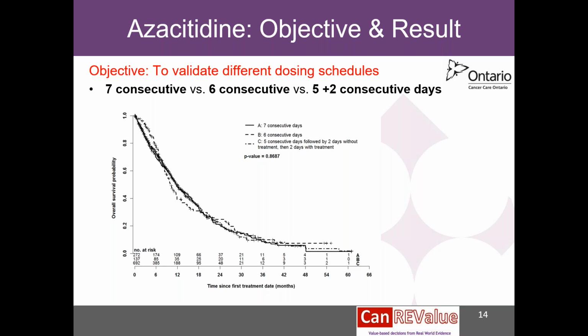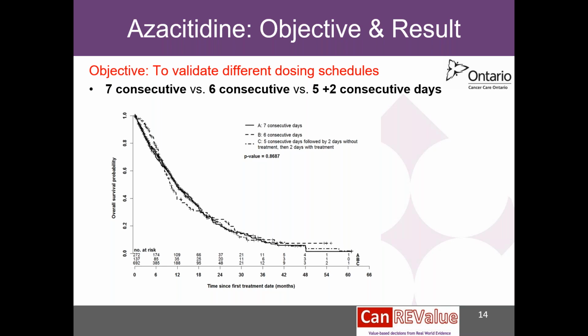This is a survival graph, and each of the curves represents one of the 3 different treatments. And if one of the treatments is better than the other 2, you'll see that that particular curve will be to the right and on top of the other 2 curves. But in this particular case, you can see that those three curves are kind of superimposed on each other.